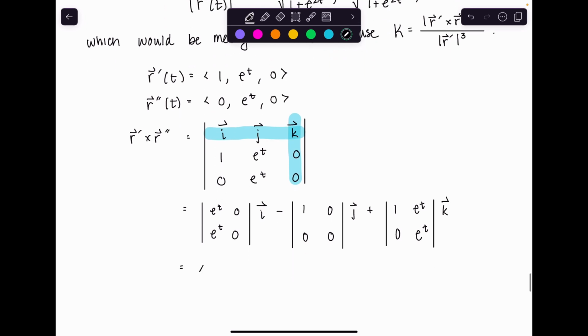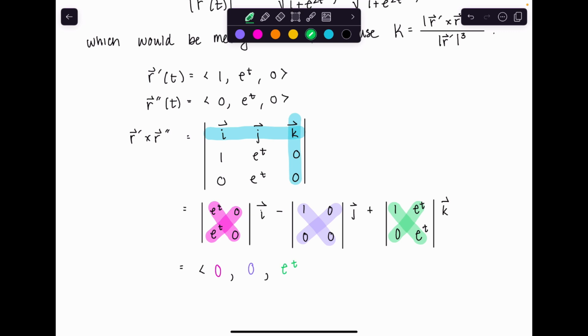So finding each of these determinants happens to work out really nicely because this is 0 minus 0. So you get a big old nothing in the first spot. And in the same manner, 0 minus 0. So you get nothing in the second spot. And then finally here, this is e to the t minus 0.